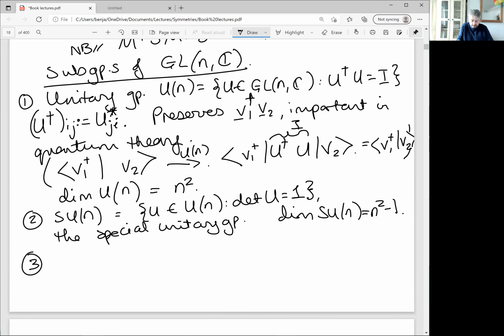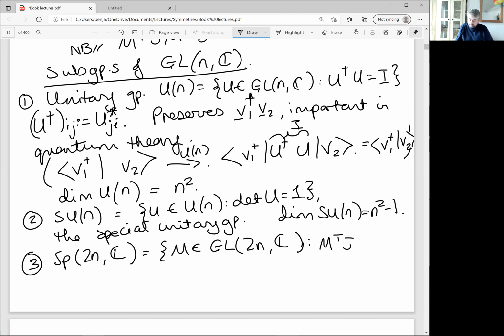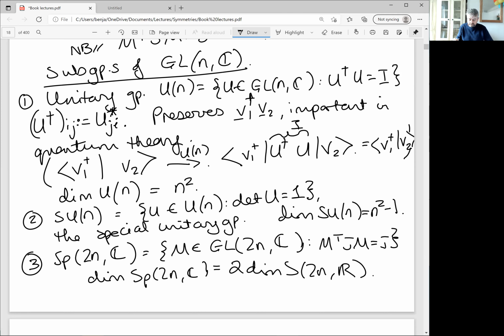And just for fun, although we won't be using them much, the symplectic group is the set of matrices in GL(2n) over the complex numbers, where M transpose J M is J, and the dimension is just twice the dimension of the real version. Okay, that's good.